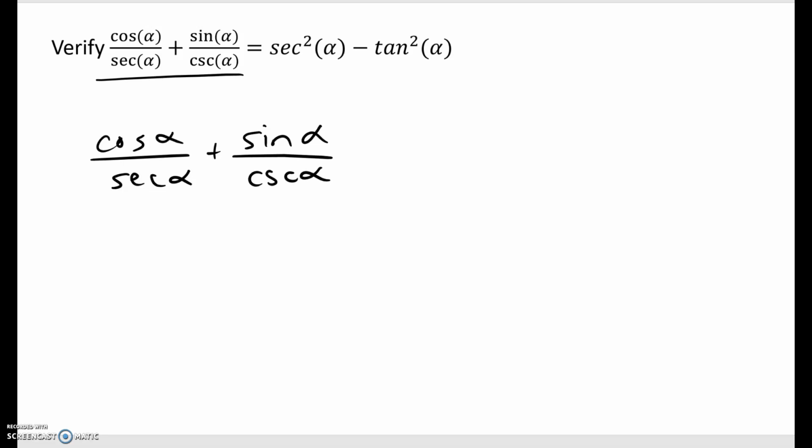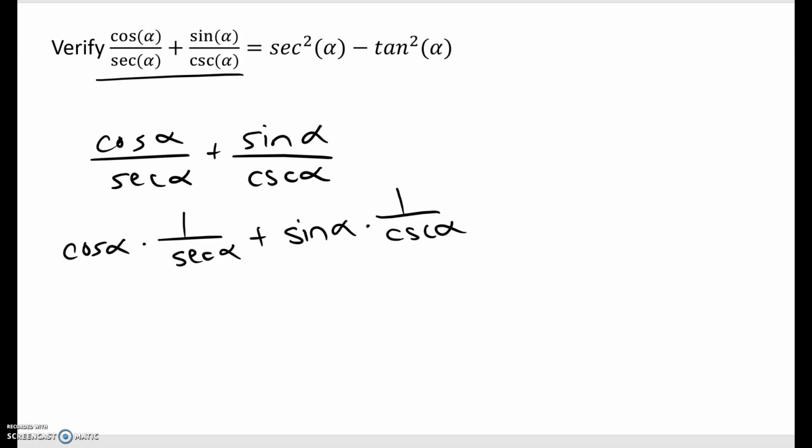Now, what I need to do is, first of all, I'm going to separate them out. So cosine times 1 over secant of alpha plus sine of alpha times 1 over cosecant of alpha. Now we know that 1 over secant of alpha is the same thing as cosine.